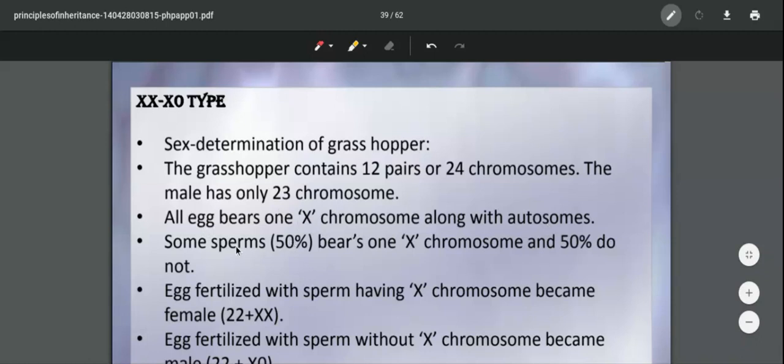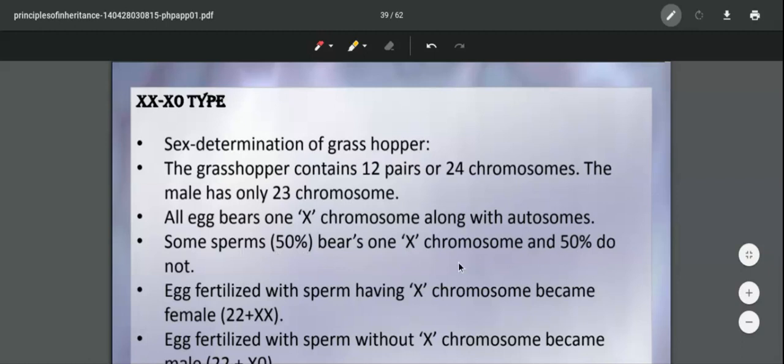Whereas the males produce the sperms. Now, the males are capable of producing two types of sperms: the sperms that bear the X chromosome, and sperms which do not have the X chromosome.